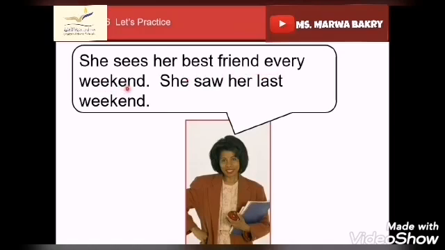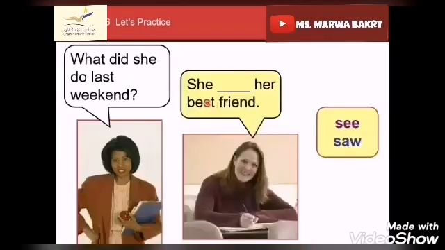Here we use a verb in the present, but if we say last weekend, we use a verb in the what? Excellent. In the past form. Saw. See, saw. See, saw. She saw her last weekend. What did she do last weekend? She see or she saw? Excellent. She saw.